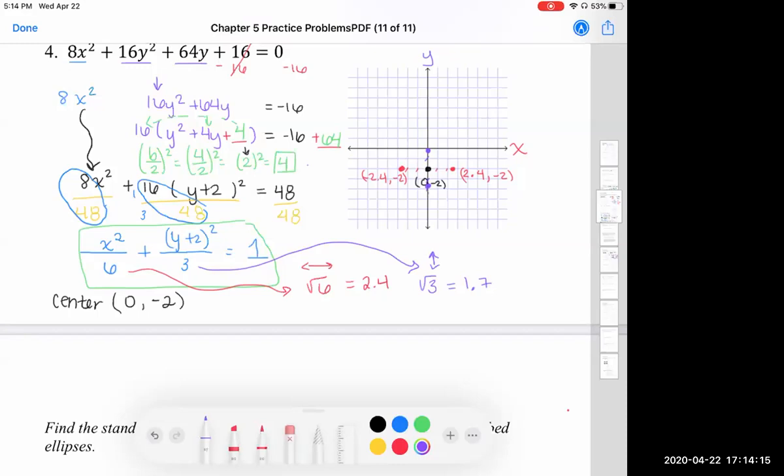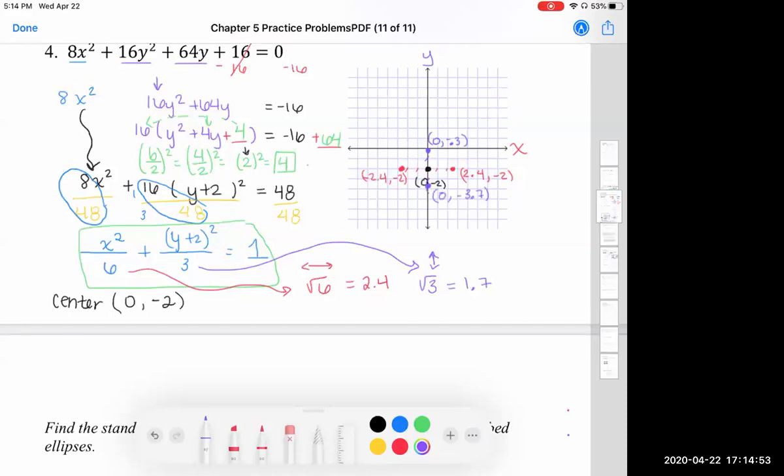All right, so I have -2 plus 1.7. That gives us -0.3, so it's the point (0, -0.3). Then -2 minus 1.7 gives us -3.7, so the point (0, -3.7).